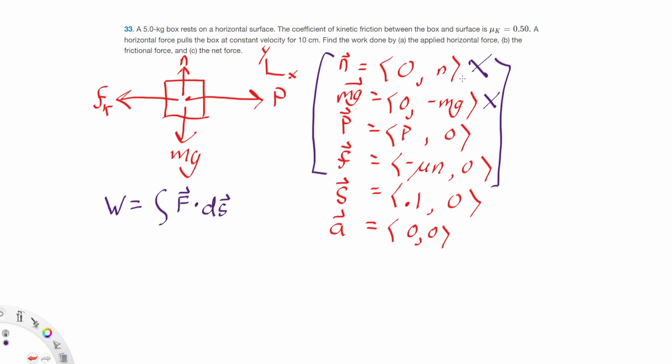What about the work by the net force? Like, what's the net work being done on this box? So we're skipping to part C here. So what's the net work done on this box?